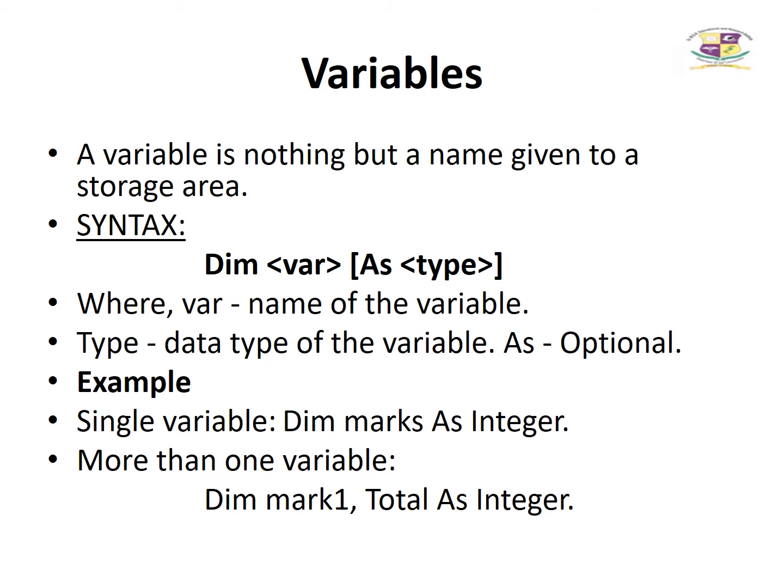An example for a single variable is DIM marks AS Integer. It indicates that marks is a variable of type integer. The next example is for more than one variable. Here, DIM mark1, total AS Integer. It indicates that mark1 and total both are of type integer.